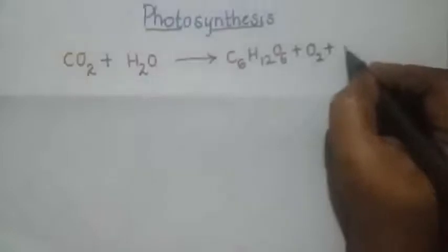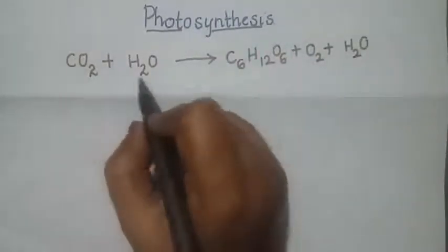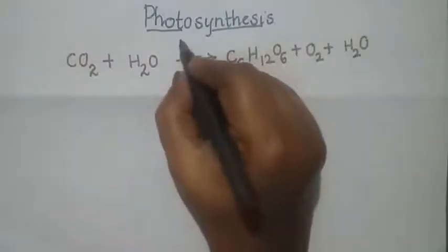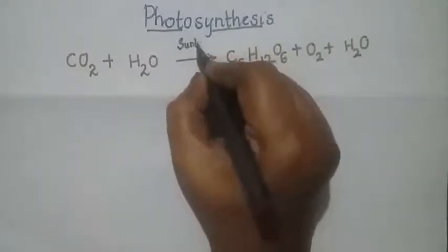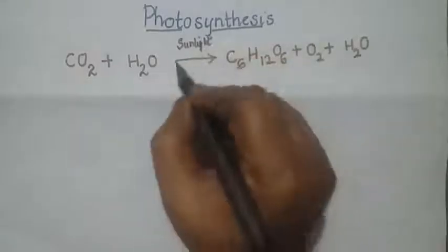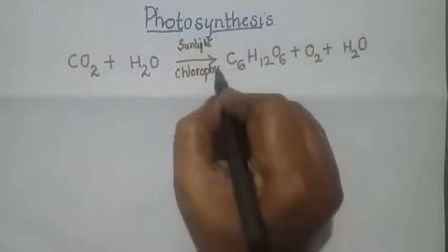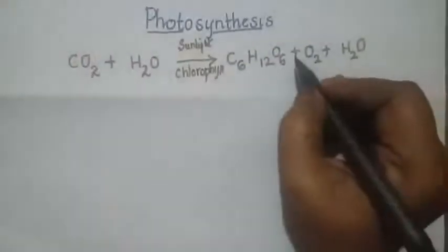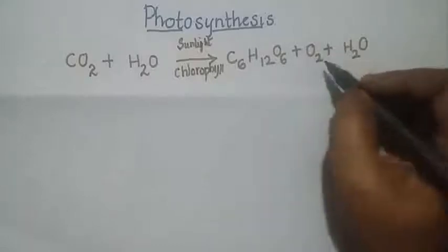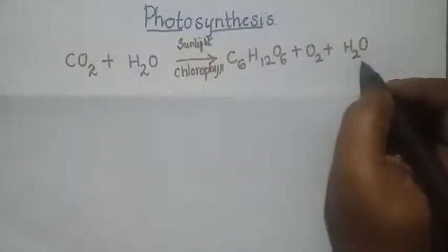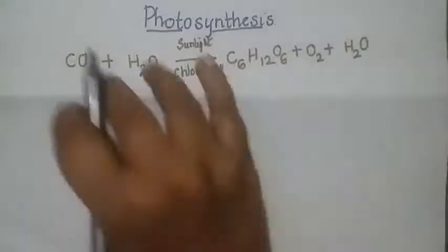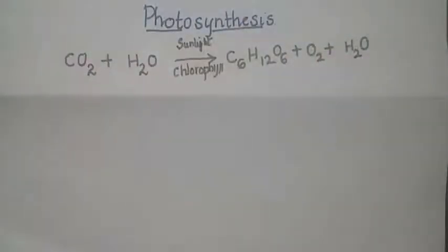On the reactant side, I have written carbon dioxide along with water, and just above the arrow mark, I will write sunlight followed by chlorophyll, and on the product side, there is glucose, oxygen and water molecules which have been formed in the course of photosynthesis.